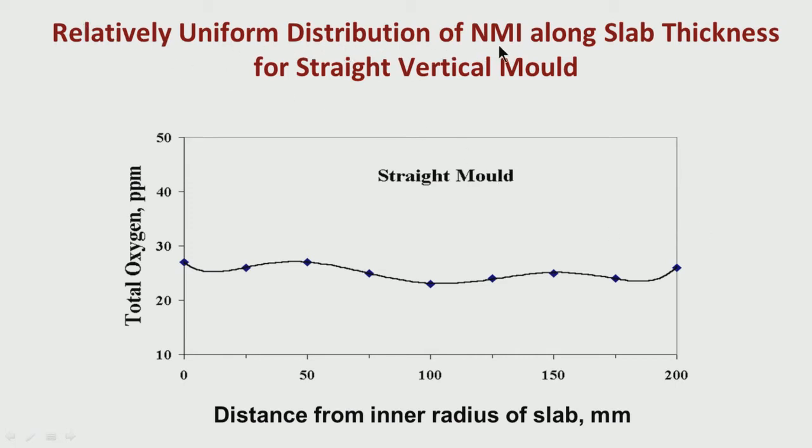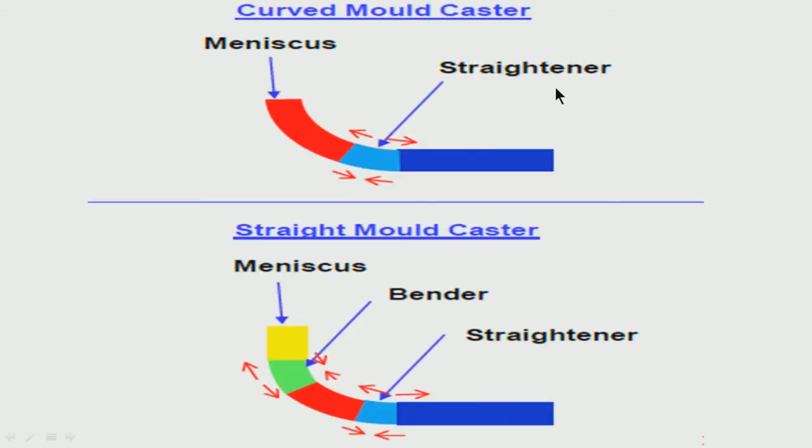You just look at the relatively uniform distribution of NMI along slab thickness for a straight vertical mold. So I am talking of a situation here where the mold is vertical, and the slab finally comes out like this. We have tried to analyze the distribution of the inclusions from the inner radius to the outer radius, from top surface to the bottom surface.